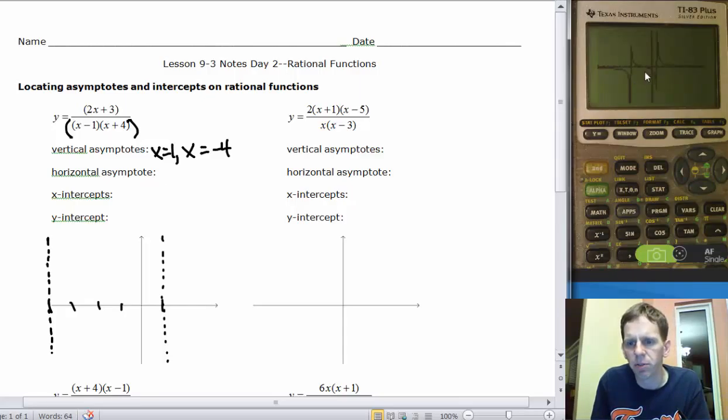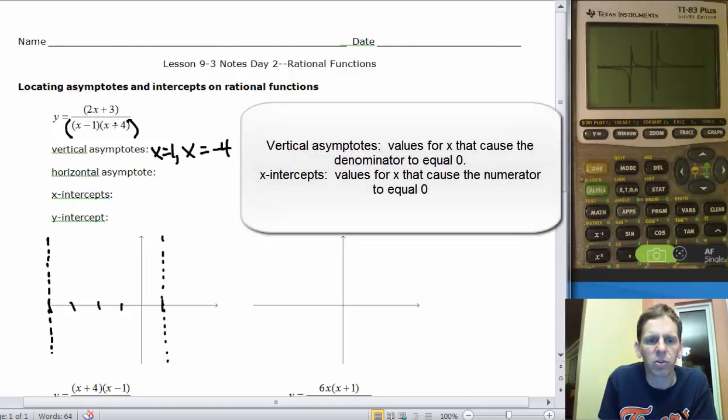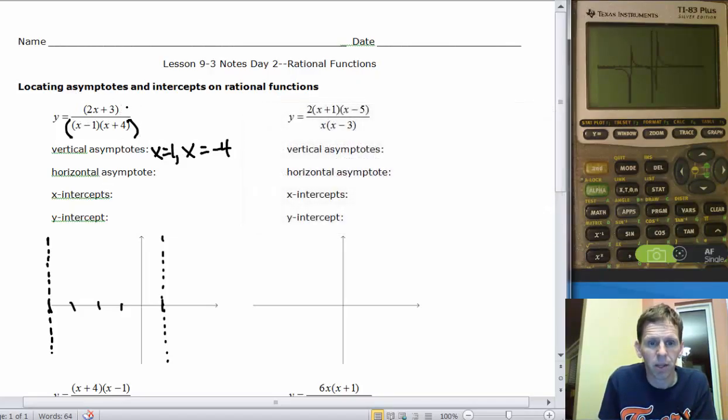For our x-intercepts, it appears that there's an x-intercept around here. Kind of looks like around -1 maybe. To find x-intercepts, you may recall, they are values which cause our numerator to equal 0. So values that cause our denominator to equal 0 are the vertical asymptotes. Values that cause our numerator to equal 0 are x-intercepts. So to figure out what would cause this to equal 0, we can write 2x plus 3 equals 0. We can solve this equation for x.